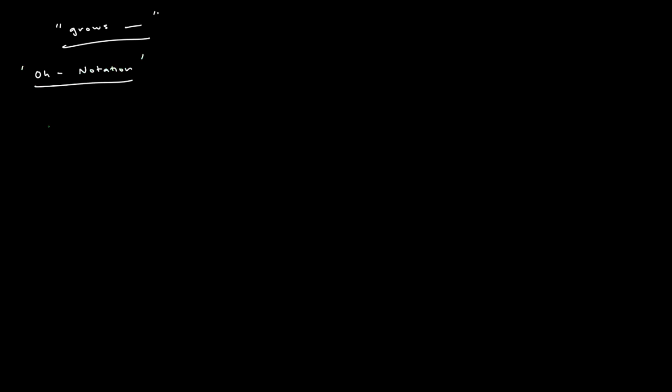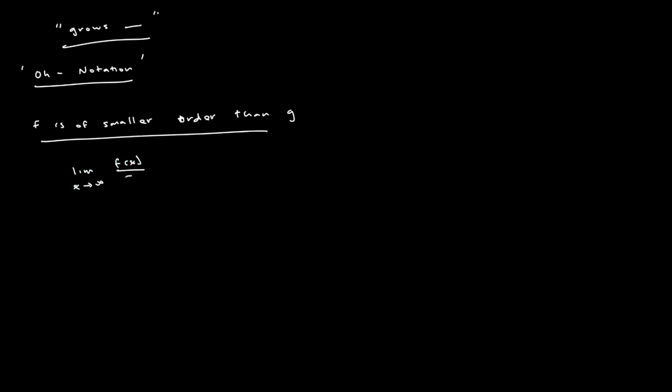So if we want to show that f is of smaller order than g, that just means f grows slower than g, strictly slower, that is. If f is of smaller order than g, then the limit as x tends to infinity of f of x divided by g of x will become 0.